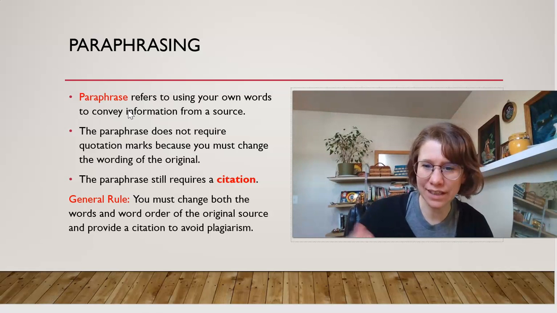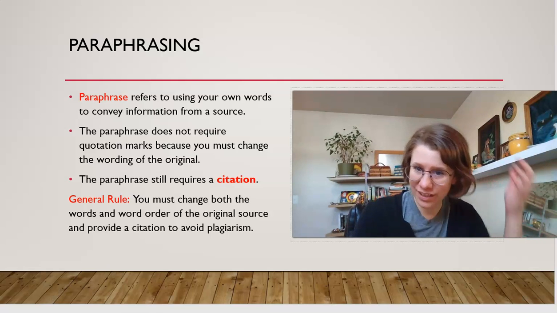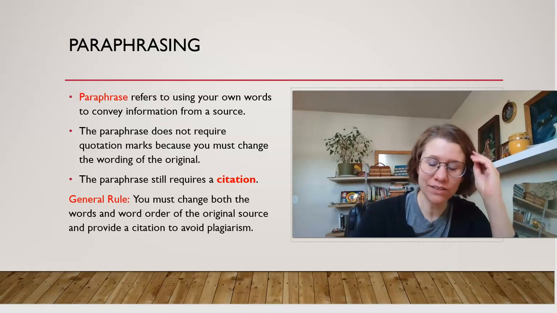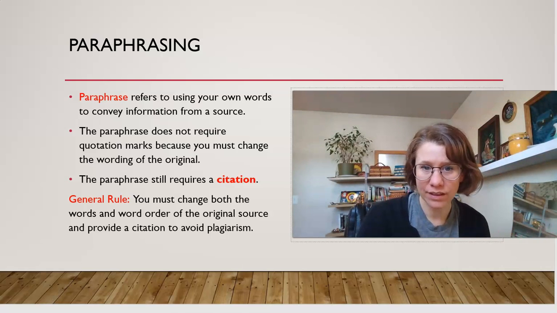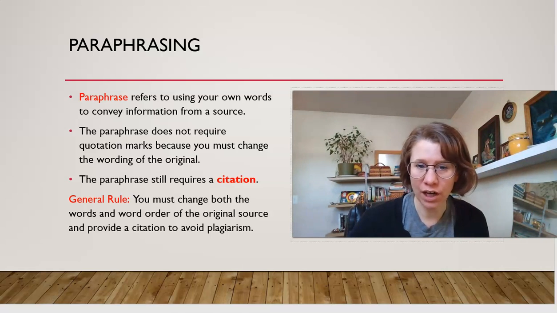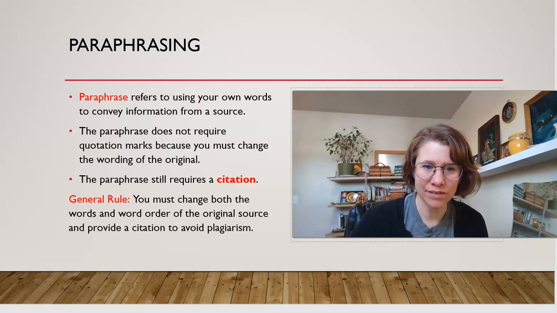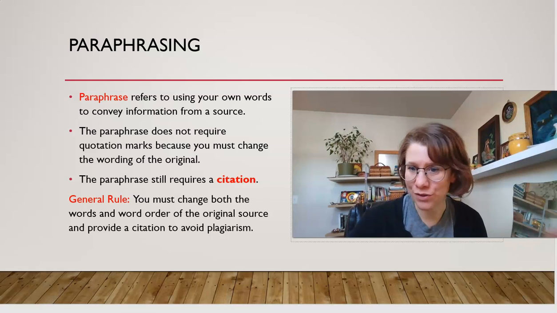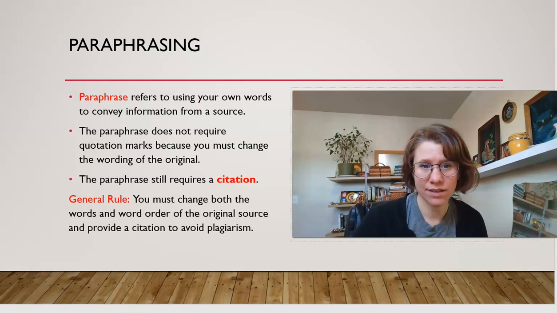We're kind of translating it into our own understanding of what they're trying to say and using our own words. So the information is still from the source, and we have to make sure that we're giving credit to that. But the words that we're using are our own words, and they're going to be different from the original text. So we're using our own words to describe somebody else's ideas. So that's what paraphrasing is.